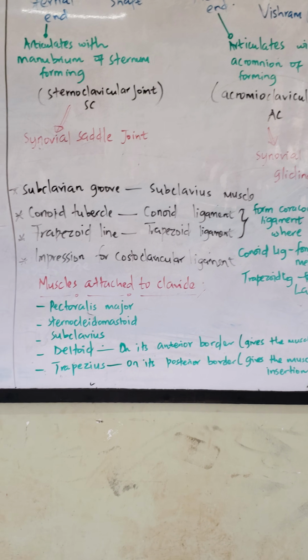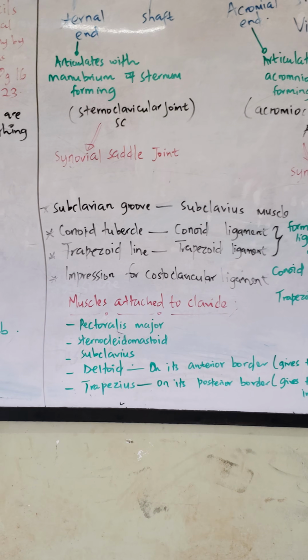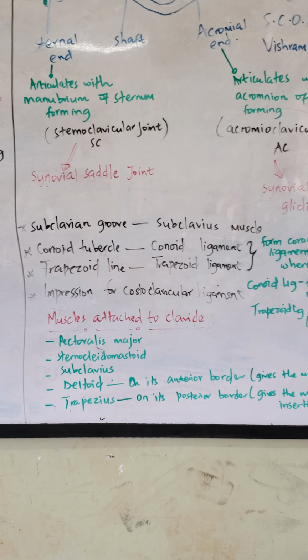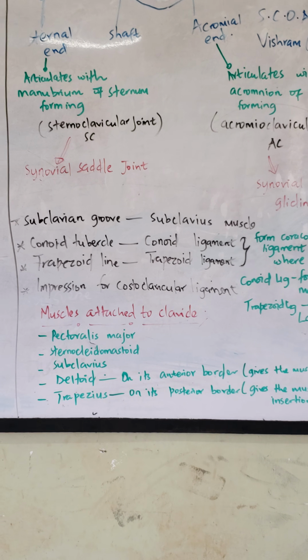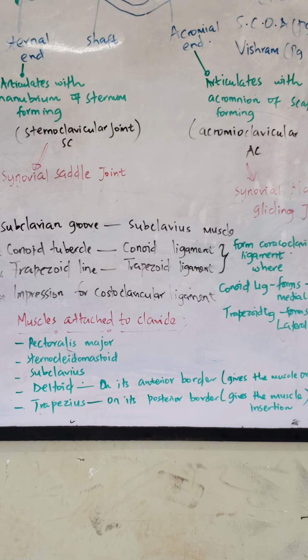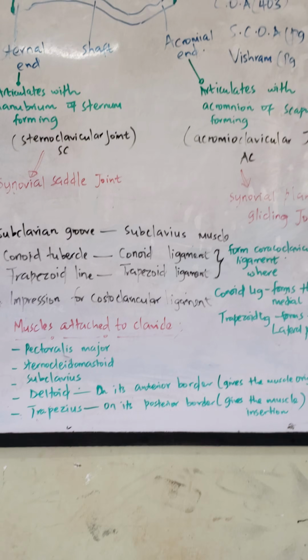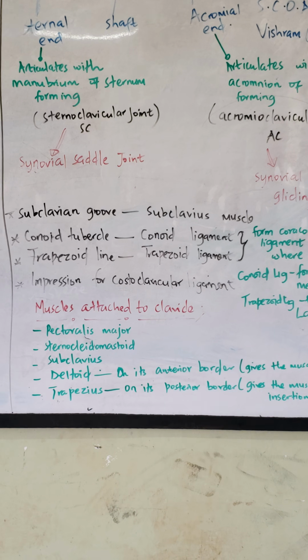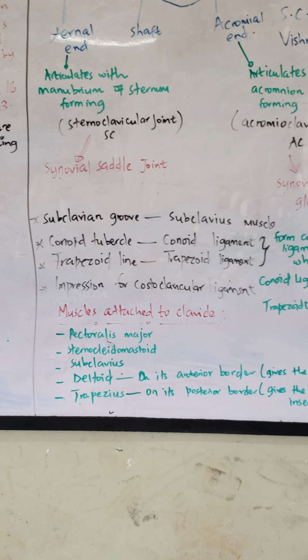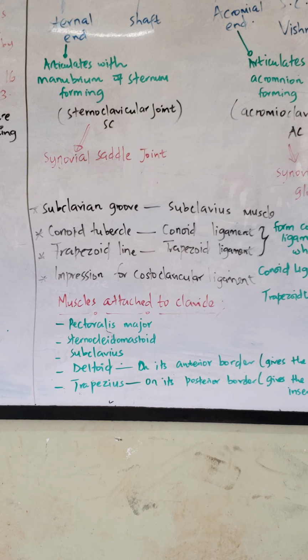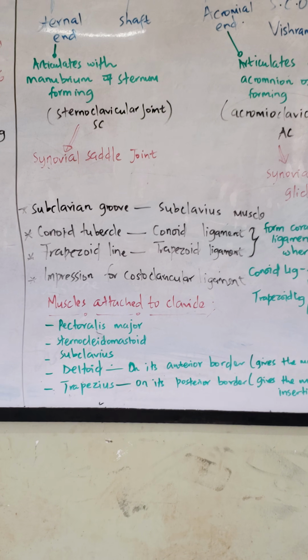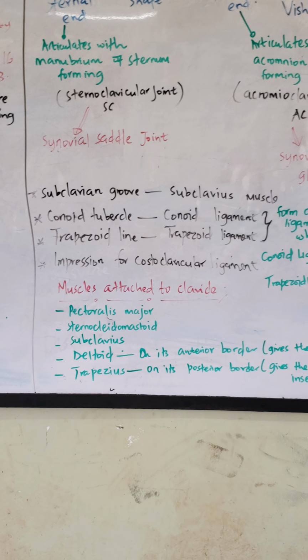Then on the respective parts, know that the subclavian groove, that groove which is always in the shaft, provides attachment for the subclavius muscle. The conoid tubercle for the conoid ligament, and the trapezoid line for the trapezoid ligament.